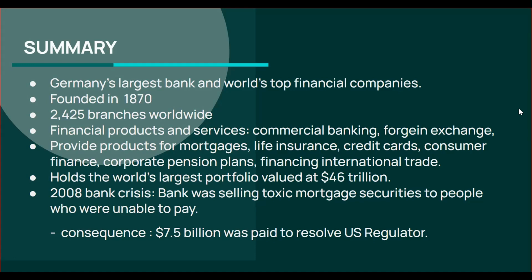So this was a problem for the bank, because in order to repay loans, the bank needed a specific amount of capital, but due to the unpaid mortgages, the bank didn't have enough capital to cover their losses. As a consequence, the bank was forced to pay $7.2 billion to the US regulator. Next slide, please.